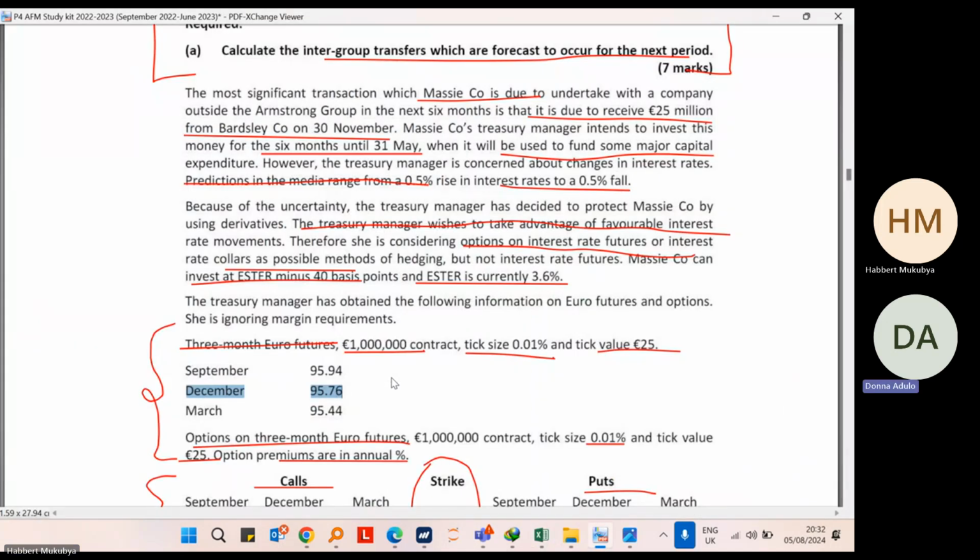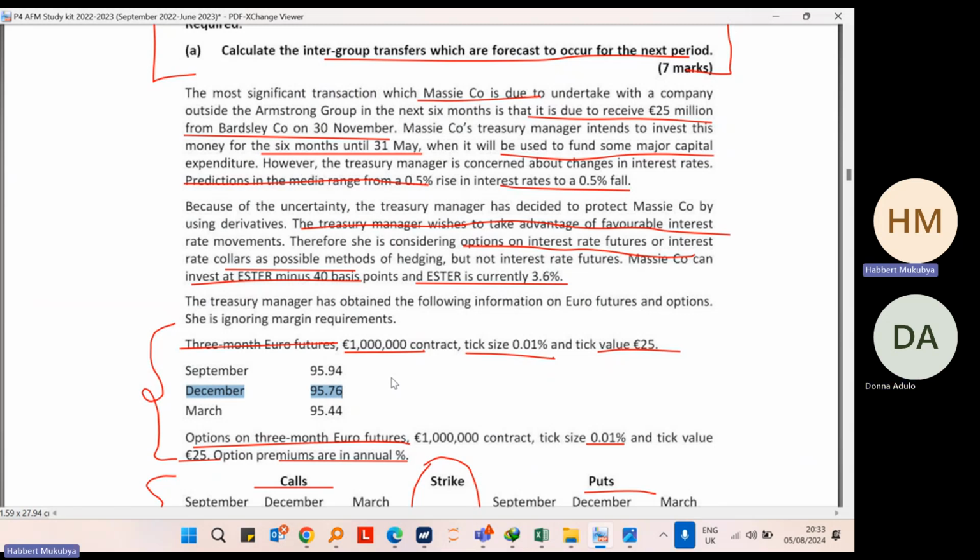They say that the most significant transaction is due to be undertaken with the company outside the group in the next 6 months, and that is due to receive 25 million on 30th of November. But then they're saying that the treasury manager intends to invest his money for the 6 months until 31st of May.